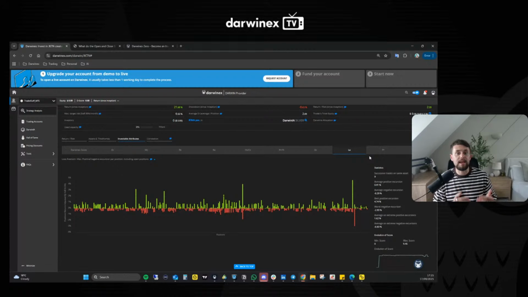The only thing is my MFE, or my maximum positive excursion, is very, very small. So whilst it's got a very, very high win rate, I know that I can't be targeting 100 pips or 2x ATR or 2x the previous day's candle. I know it's a small move, so I target a small move. But I measure how far these moves go, okay? And then I know how much I can target.